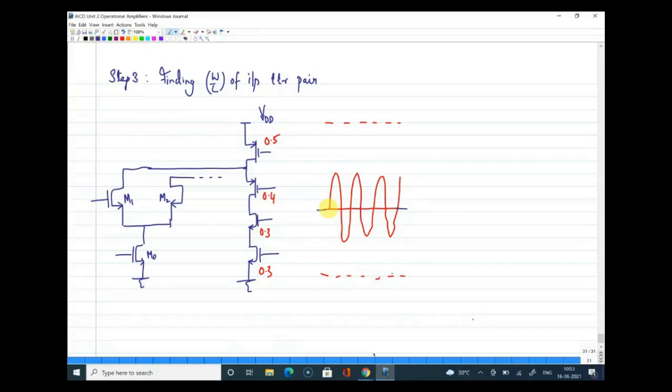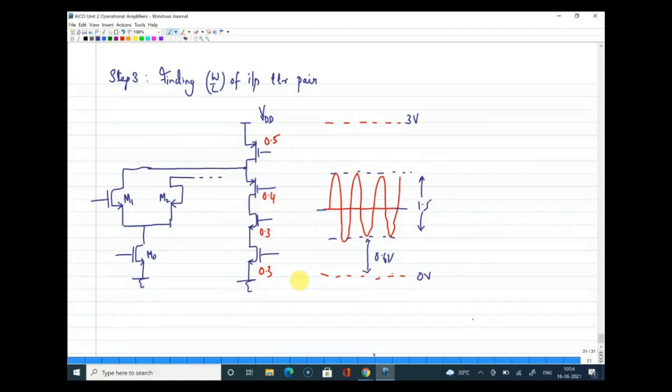I'll explain why. So this is 3, this is 0, and here I have 1.5 volt altogether. Now I want to find the maximum output swing and the minimum output swing. What is the minimum output swing? You have 2 transistors down, each with overdrive assignment of 0.3 and 0.3. That means this level is actually 0.6. So I can say this is equal to 0.6.